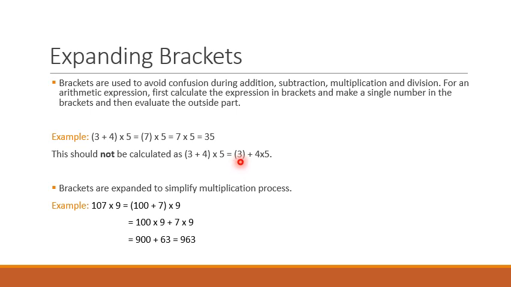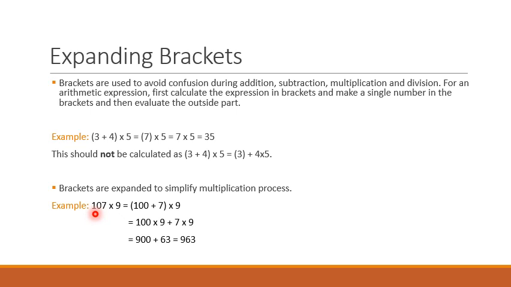Now sometimes we expand the brackets. Here we were reducing the bracket, calculating the value given in the bracket. But many a time, to simplify the multiplication process, we have to expand the brackets. So let's see how we can expand the brackets and use it for simplification of multiplication. Let's see an example.